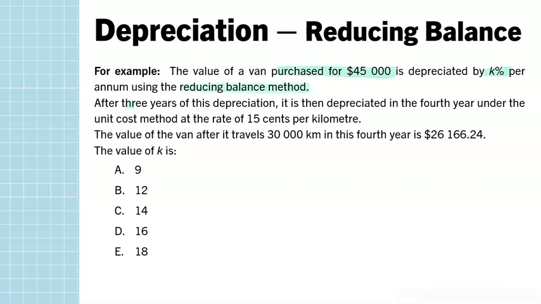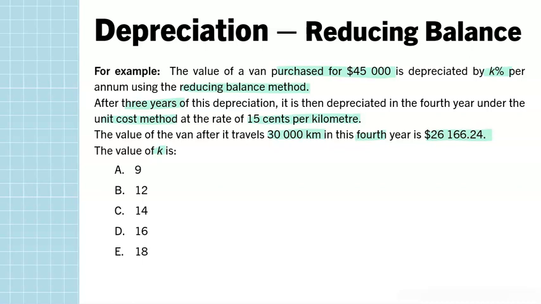After 3 years of this depreciation, it is then depreciated in the 4th year under the unit cost method at a rate of 15 cents per kilometre. The value of the van after it travels 30,000 kilometres in this 4th year is $26,166.24. The value of K is what?